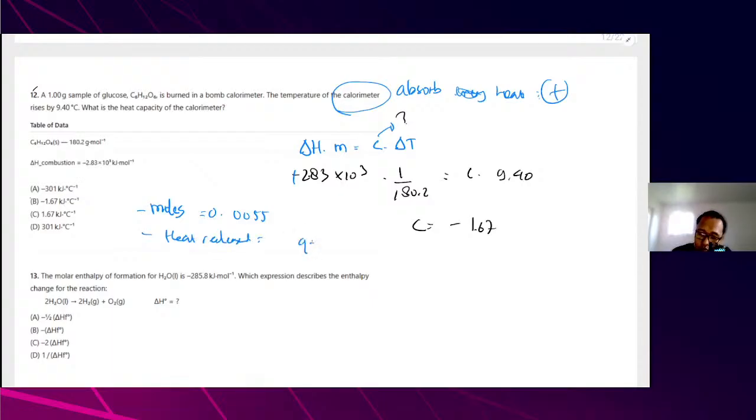So Q equals moles times delta H, right? So 0.0055 times combustion, minus 2.83 times 10 to the minus 15 kilojoule. So now because the reaction releases heat, Q will be positive.